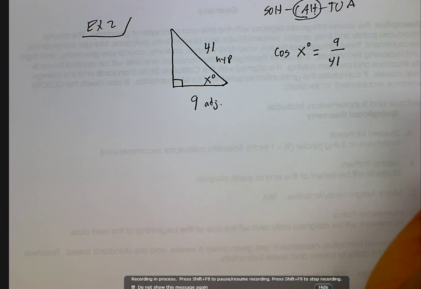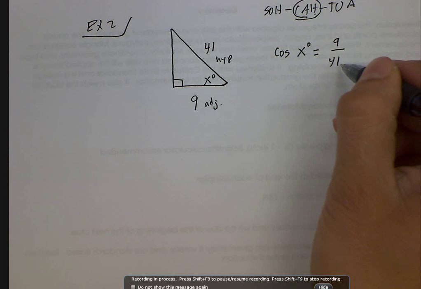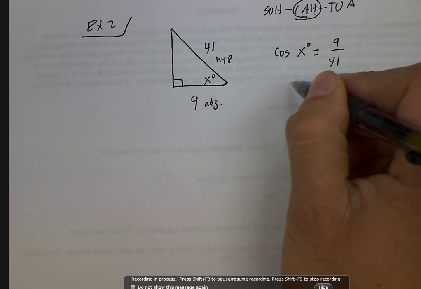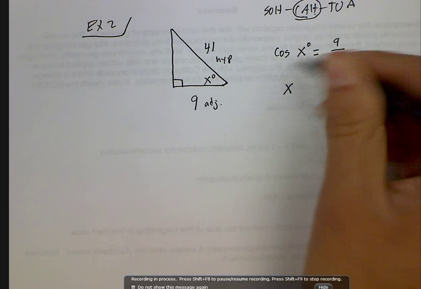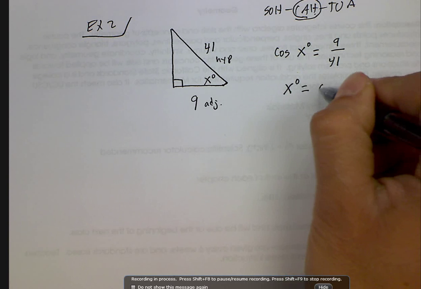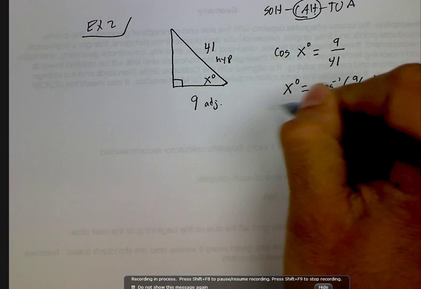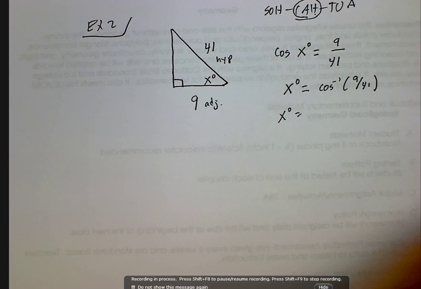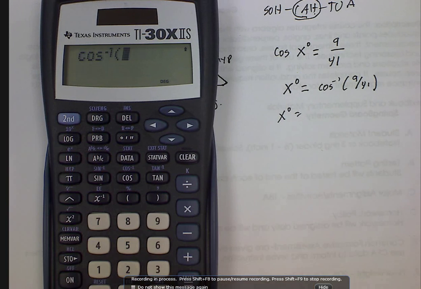Okay, so then, like I said, you may want to change that into decimal, so you can just put it in like that in your calculator. I'm going to keep it like that, so I know now I'm going to use my inverse functions. So I know that angle is going to be cosine inverse of 9 divided by 41. So that means I have to use my calculator now. So second cosine inverse of 9 divided by 41.